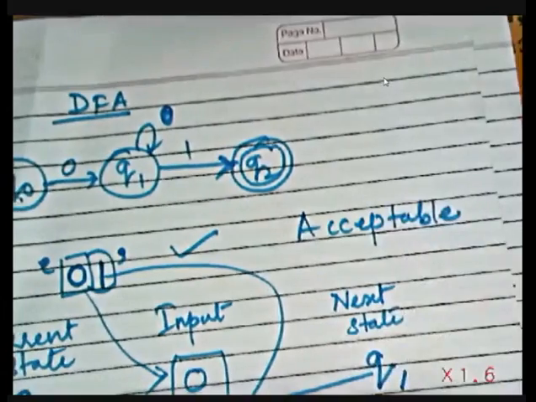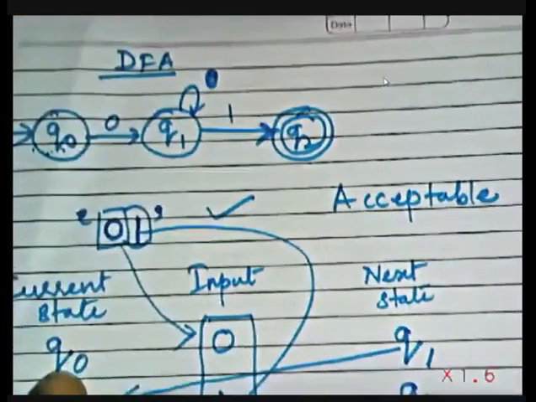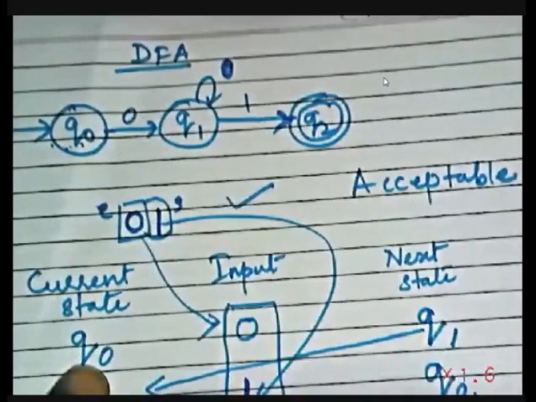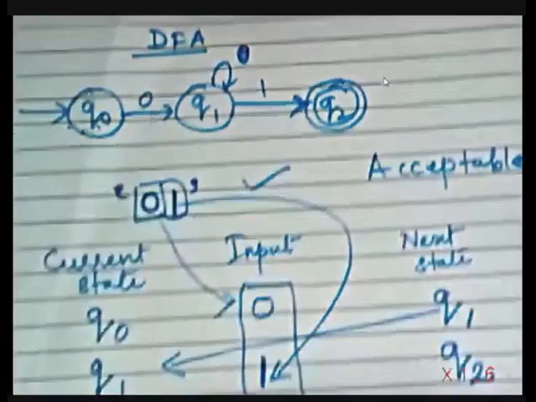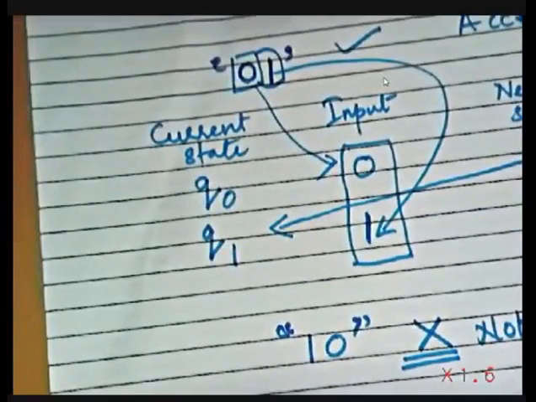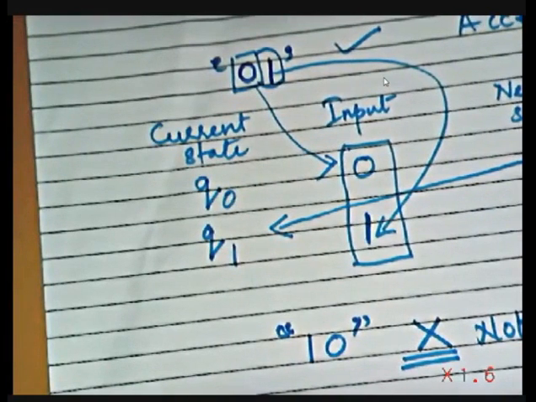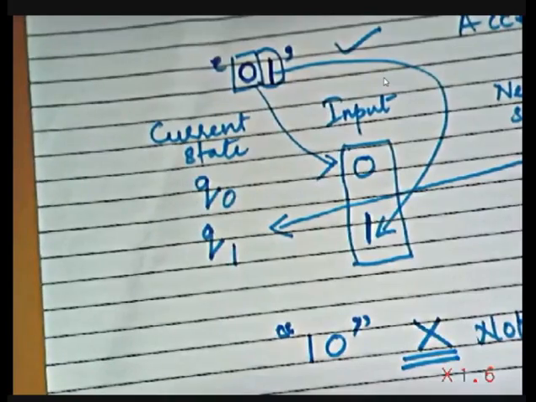So how to check whether the given input is acceptable to the finite automaton? Is it clear? We'll be giving input. Now one more example I am taking. Now suppose I am having 0, 0 and 1. What is your answer?